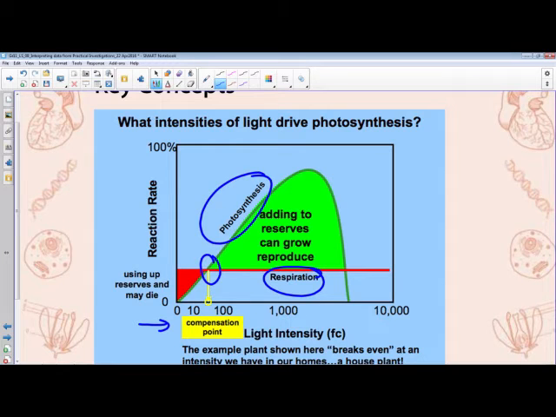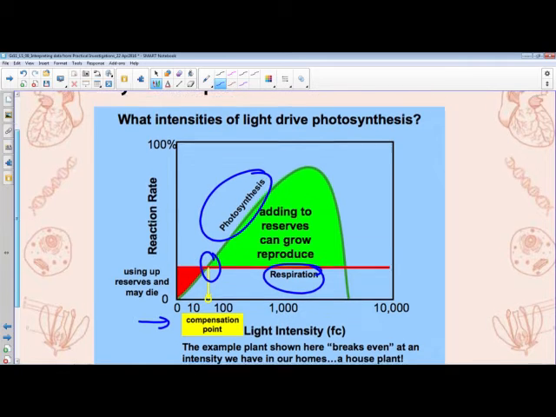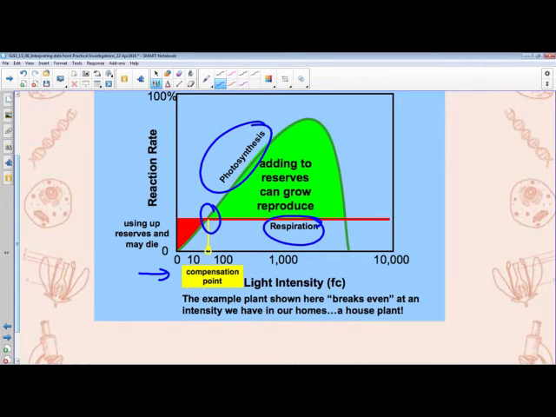It is essentially the point where the plant breaks even, where the plant produces enough carbon dioxide to be able to support photosynthesis.